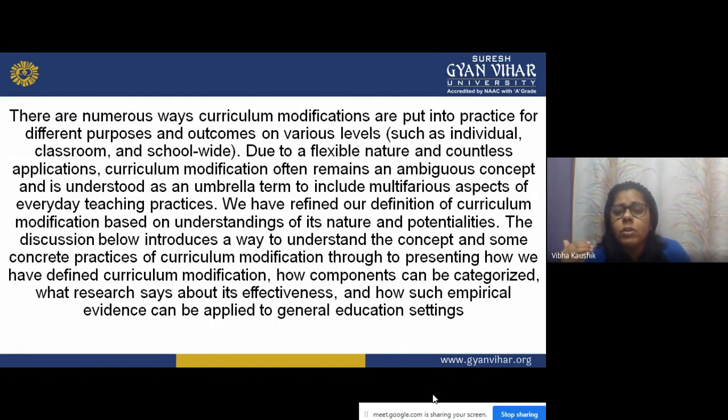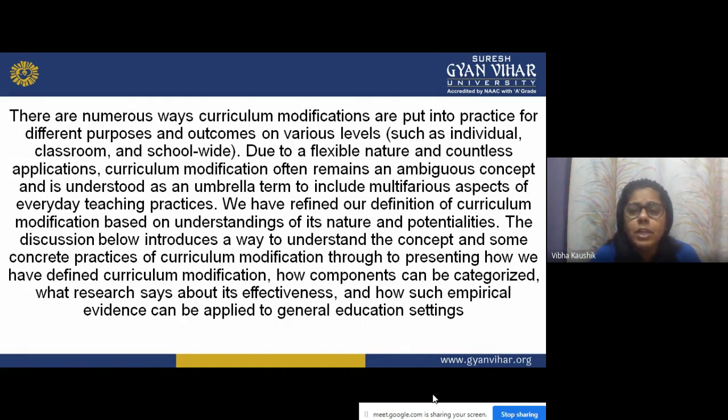Outcome can be on the basis of individual classroom, that this particular classroom has achieved that much, and school-wide, when we are talking about the outcomes that have been achieved by that particular school.